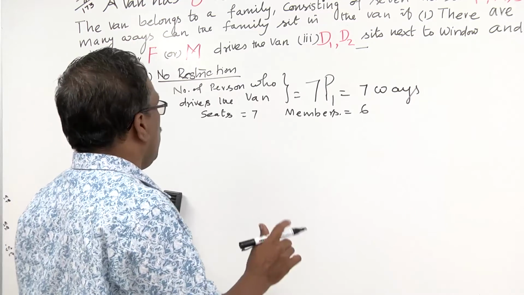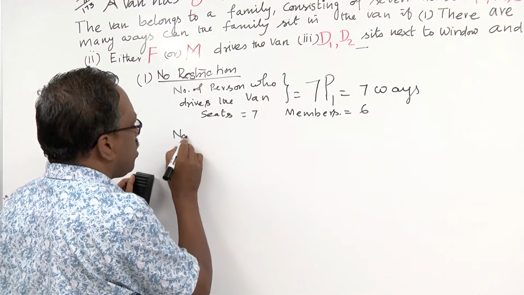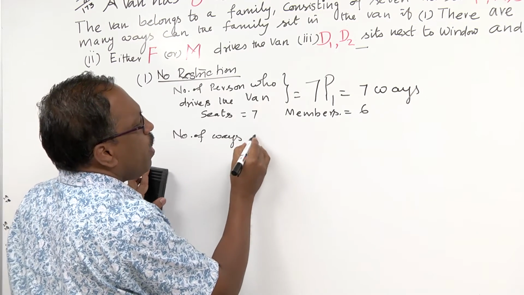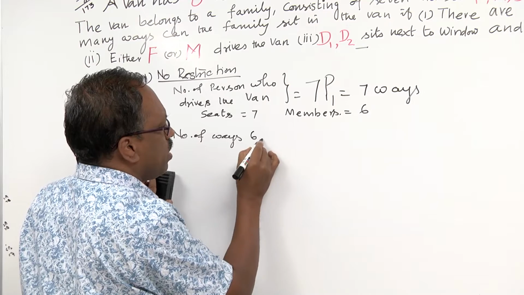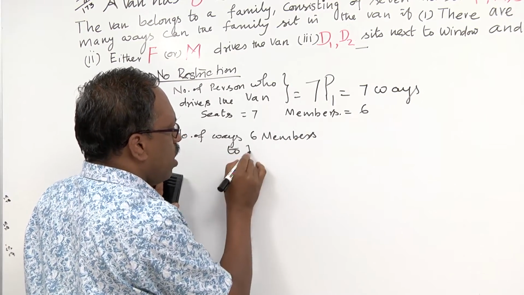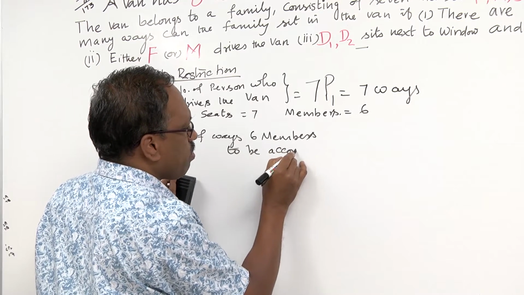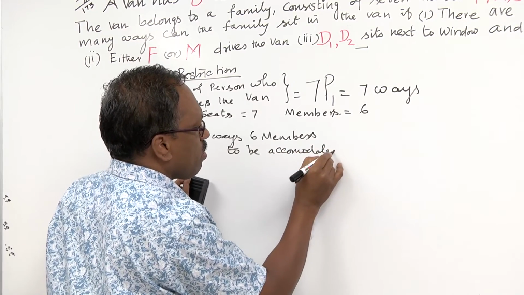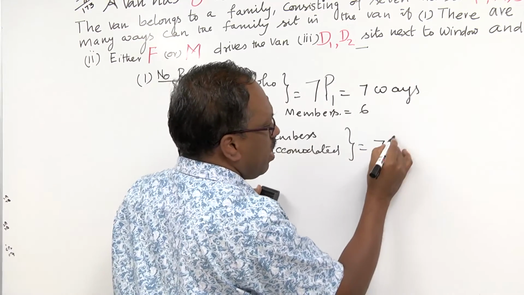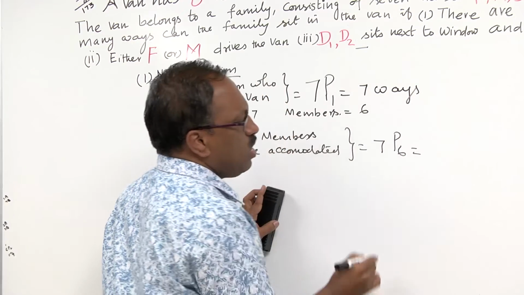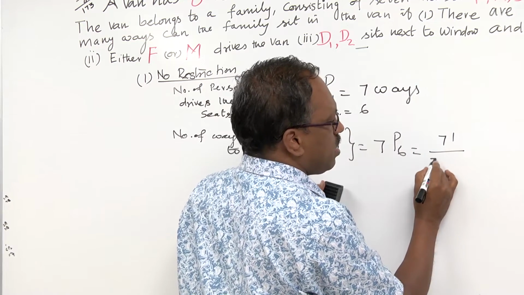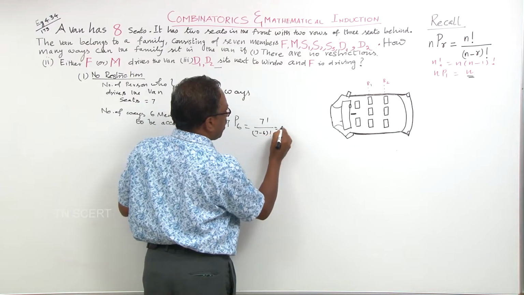So the number of ways the 6 members can be accommodated: the total number of seats is 7 and the members are 6, so it is 7 factorial by (7 minus 6) factorial, which is 1 factorial.